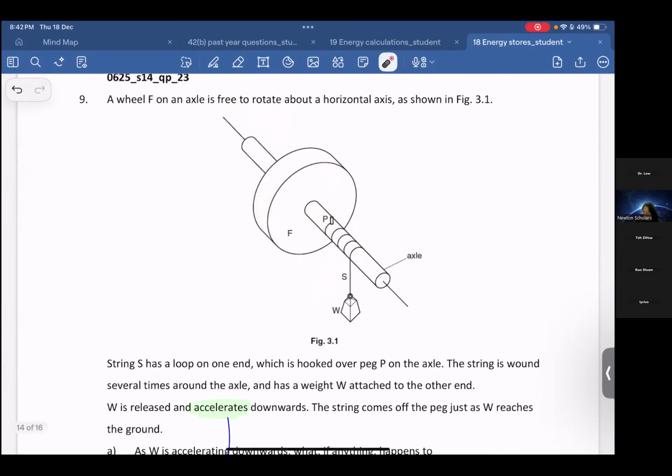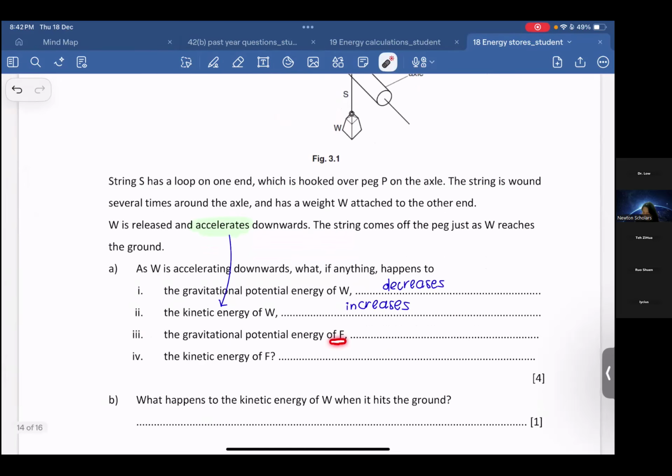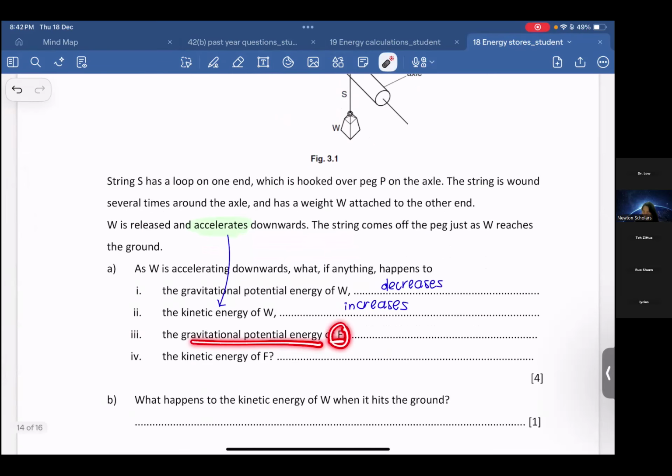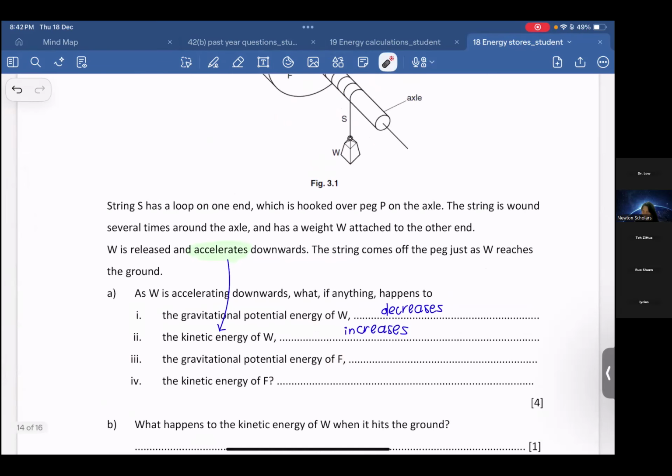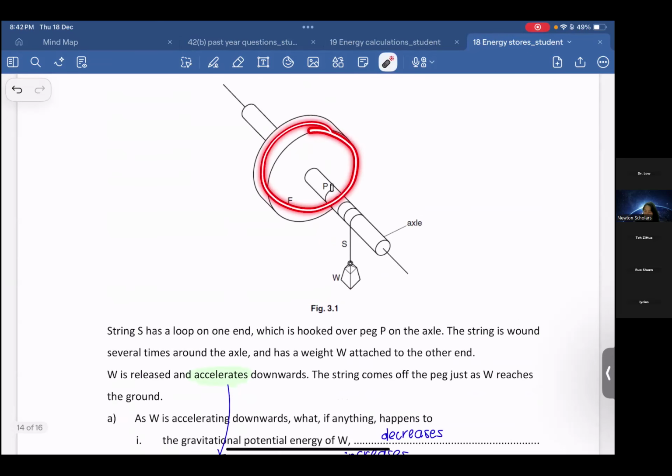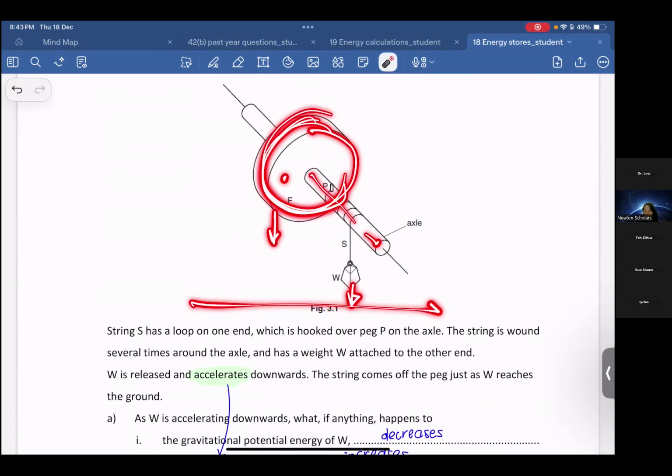But here the question is asking what happened to the GPE of F. So that means this part, what happened to the GPE? When this one goes down, will this fall down? My answer is no. It's just turning, connected with this axis.